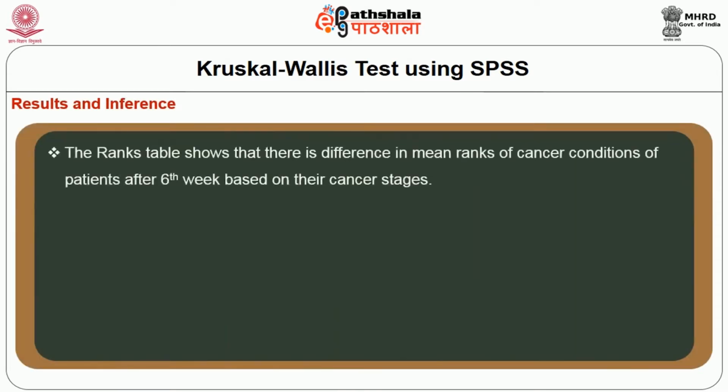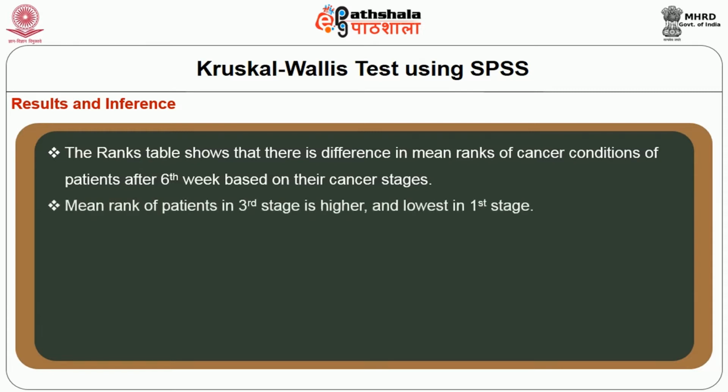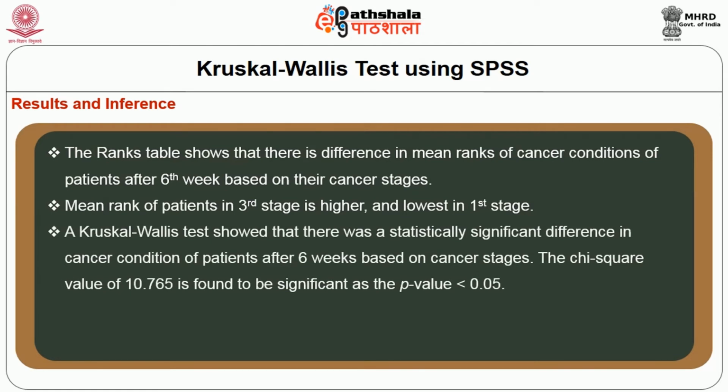The rank table shows that there is a difference in mean ranks of cancer condition of patients after 6 weeks based on their cancer stages. Mean rank of patients in the third stage is highest and lowest in the first stage. A Kruskal-Wallis test showed that there was a statistically significant difference in cancer condition of patients after 6 weeks based on cancer stages.